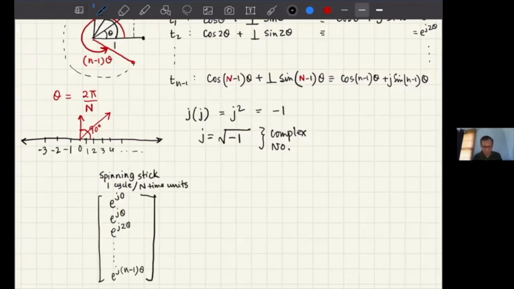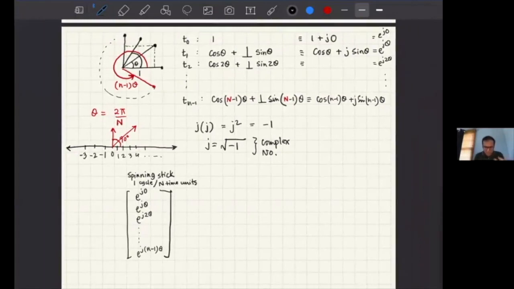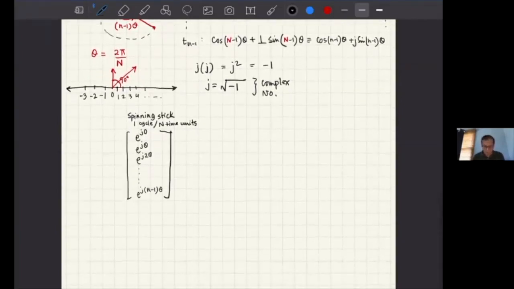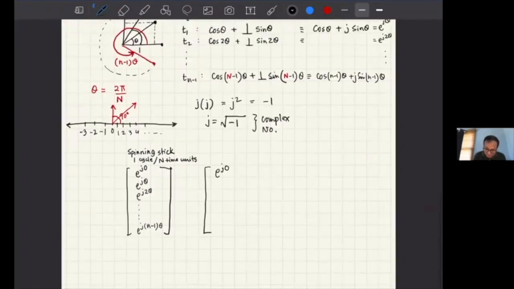Right? Okay. Now I ask you the next question. Hey, what if the stick starts spinning at double the speed? Can I now model the rotation of the stick? It's not too hard. Why? Because all I need to do is the following. I can say e to the power j0, which is still the starting position of the stick.